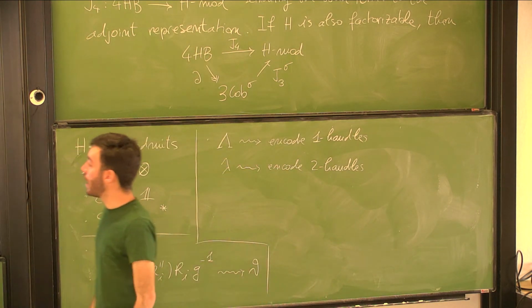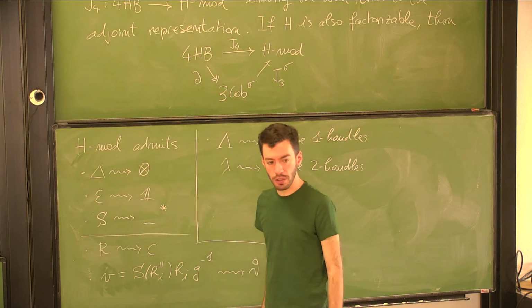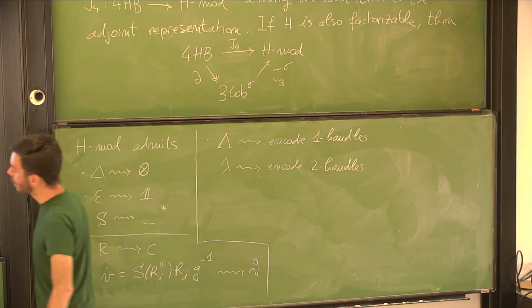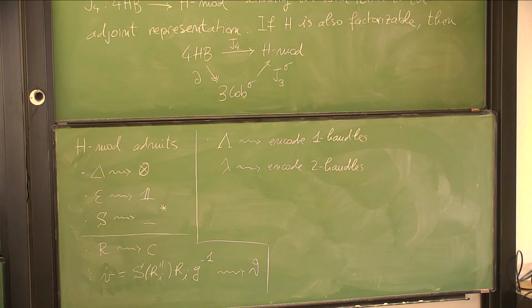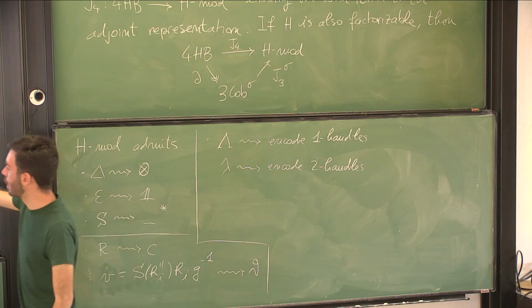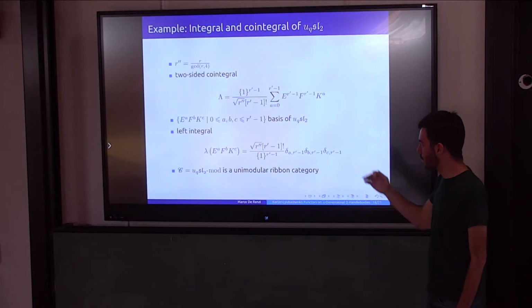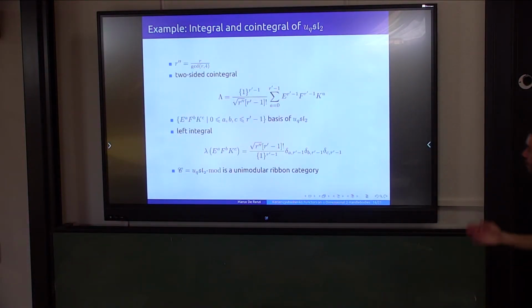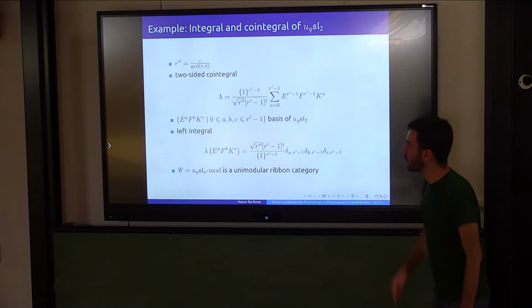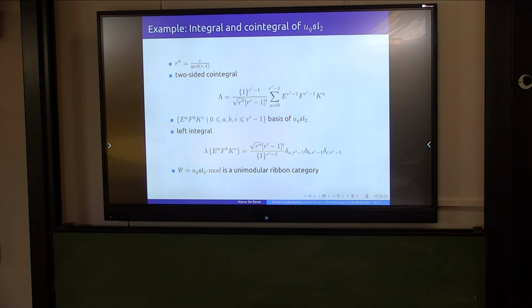Right. And now formulas for integrals and cointegrals. So I think the names come from the analogy with, well, I don't know. At least let me give you the defining formulas here. So if we first set r second to be a number that further depends on the arithmetic properties of r, so it's r over the greatest common divisor between r and 4.